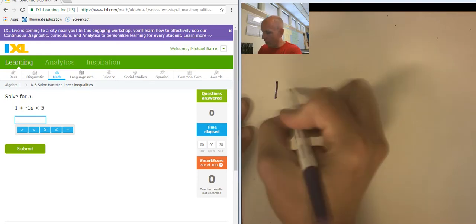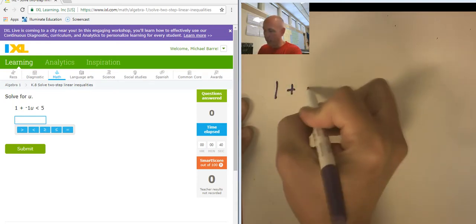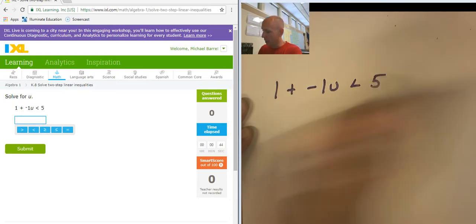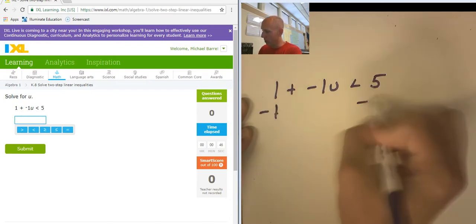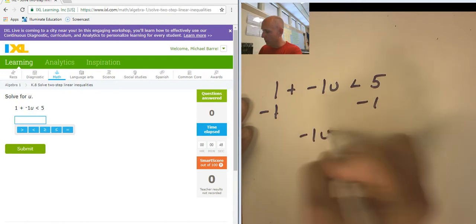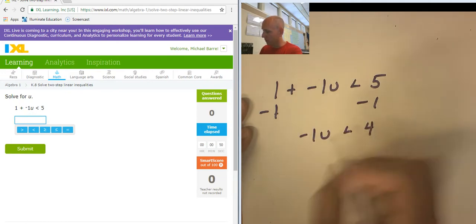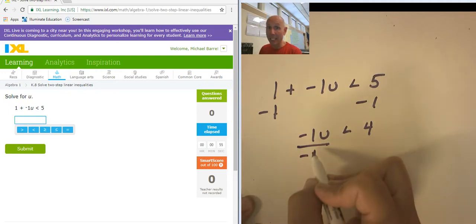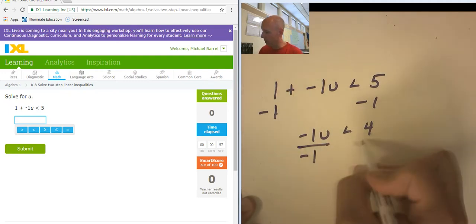So 1 plus negative 1u is less than 5. I'm going to start by subtracting 1 from both sides, minus 1 and minus 1. So negative u is less than 4. Now I'm going to divide both sides by negative 1.